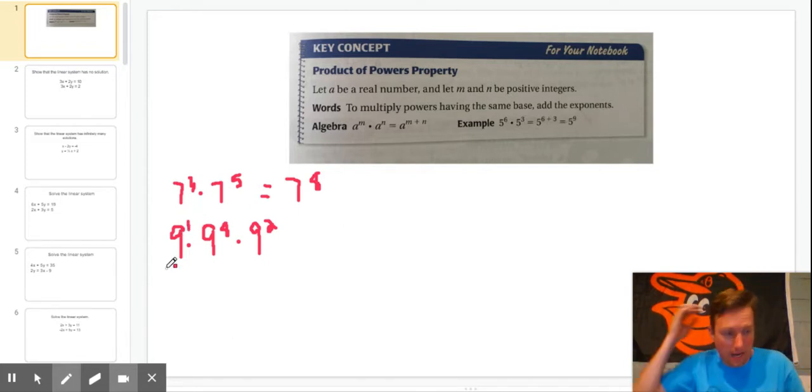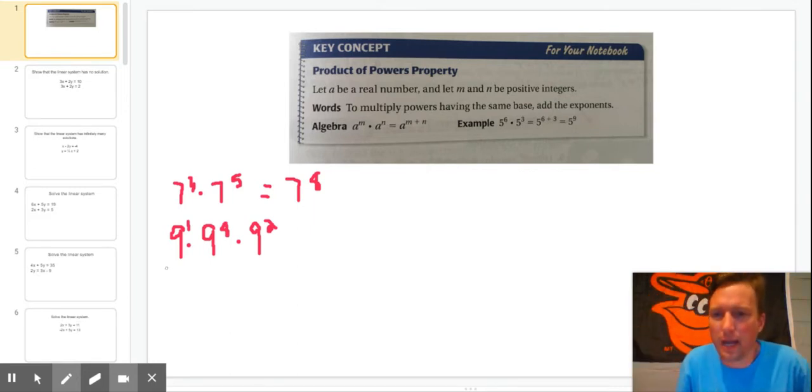Now, 9 to the power of 1 is 9, so it's the same thing. But we can denote this with a little exponent of 1. So that when we add these all up, just like in our previous problem, 2 plus 8 is 10, plus 1 would be, that's right, 9 to the power of 11.